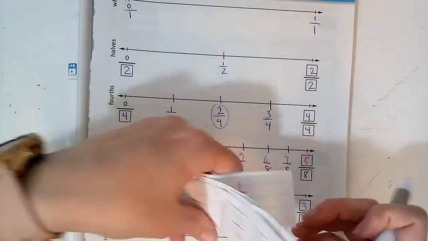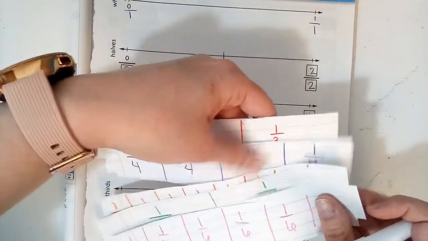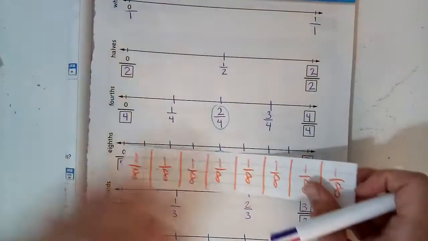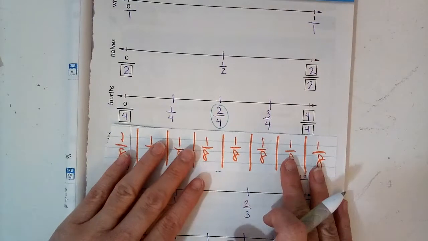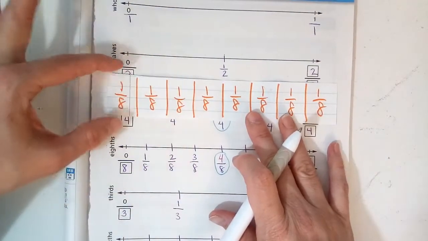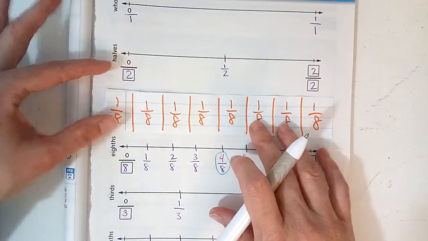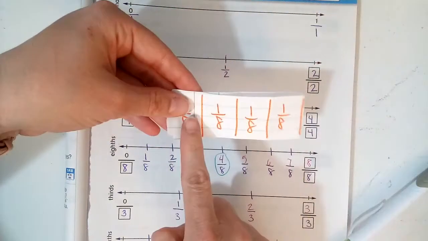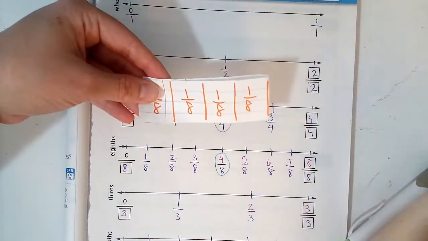And if I took it a step further and used my 1/8 from my fraction strip, I could put it up to my 1/8 and 1/2. What's exactly halfway there? If I fold it in half, 1, 2, 3, 4/8.